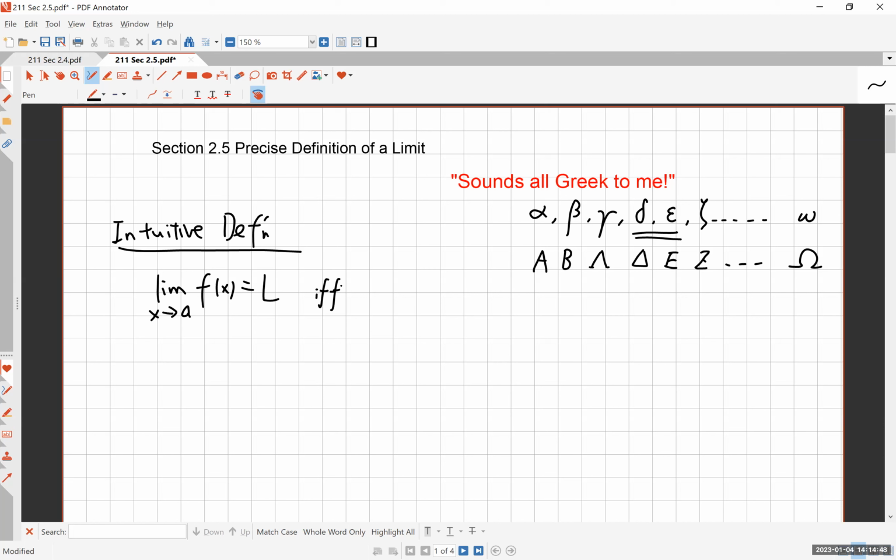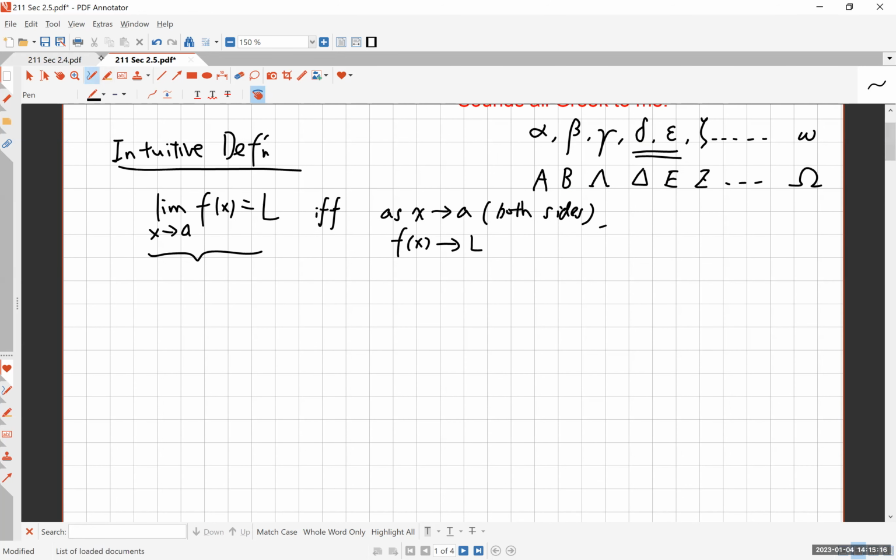If and only if, okay, now we are about to write the characteristic description of what we mean by this statement, the limit of f at a is L. And what we said is, if and only if, as x approaches a from both sides, f of x approaches L, okay? Infinitesimally small, get closer and closer to, okay? So we let x get closer and closer to a from both sides without ever reaching a itself. And as you do so, f of x, the associated or mapped values, get closer and closer to L.